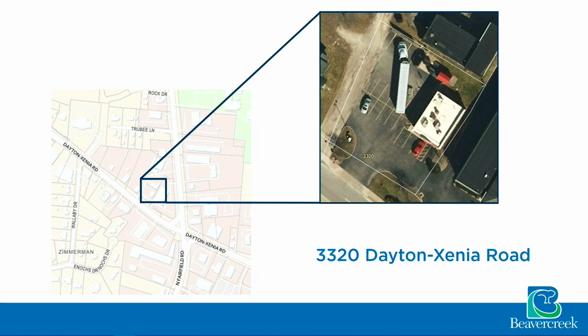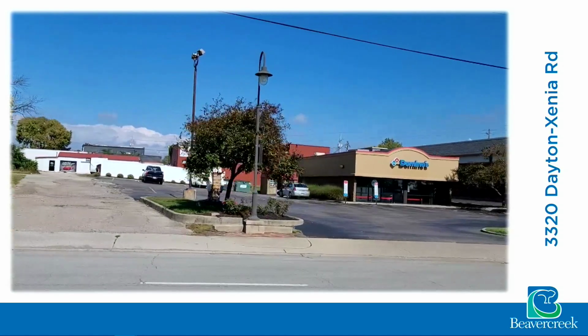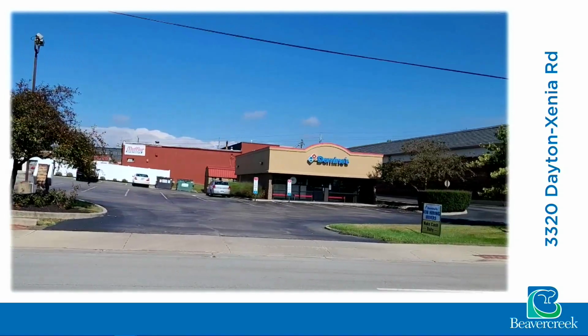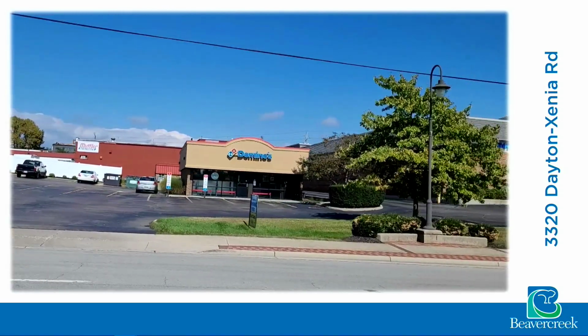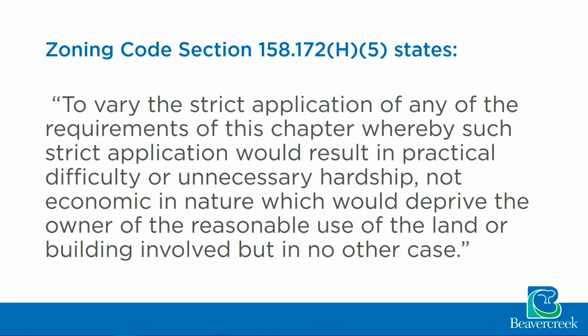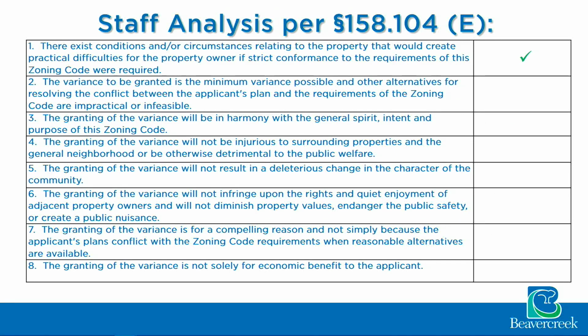So basically, they're requesting that the walk-in cooler addition be located to the rear of the structure. Staff went through the analysis of that. We believe that criteria 1 has been met mainly because of the location of the building on the lot.